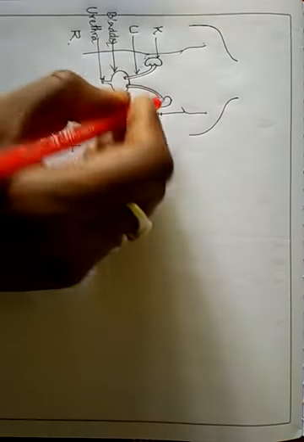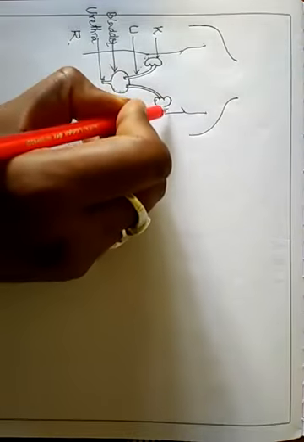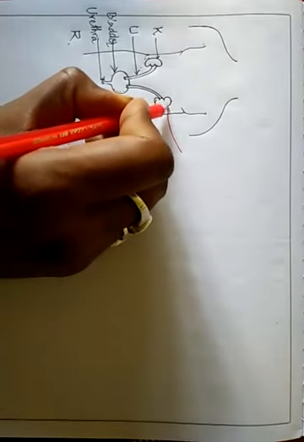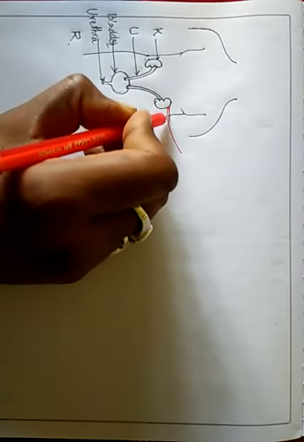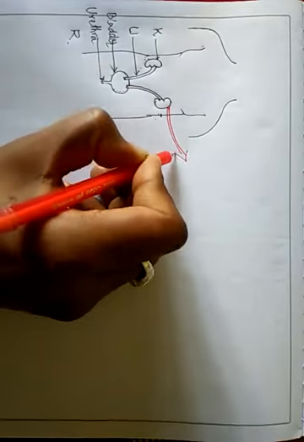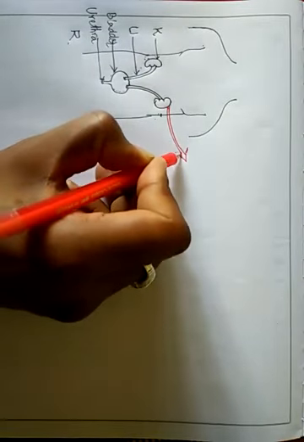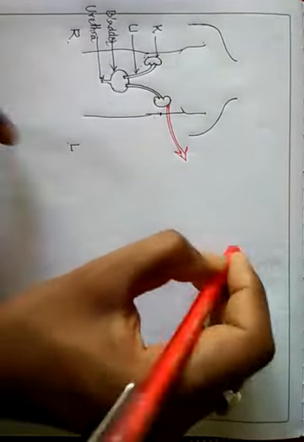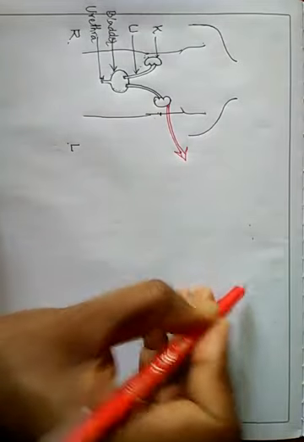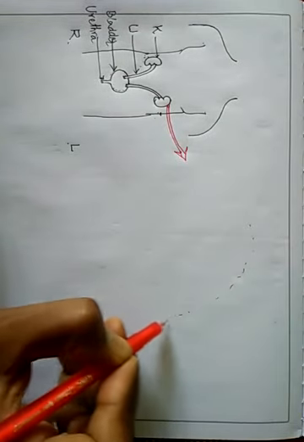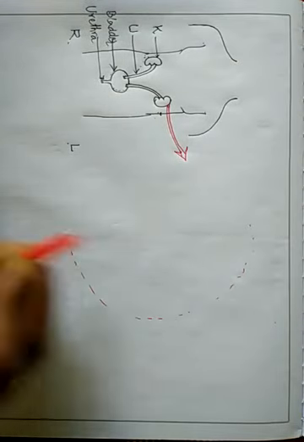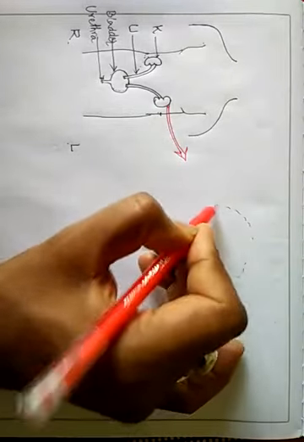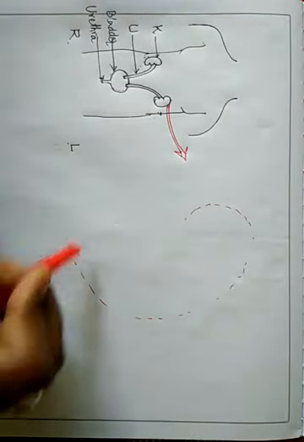Now I will draw the ultrastructure of one kidney. So you can see here the ultrastructure. So first of all, you draw it from a dotted line so that confidence will be generated in your mind. After that you complete it.